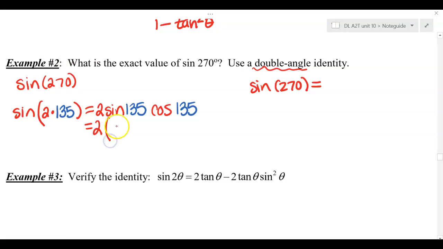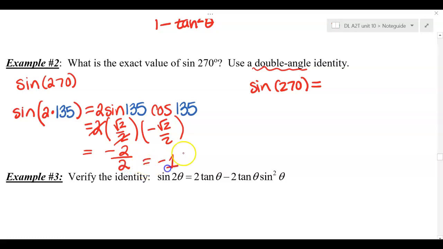The sine of 135 is rad 2 over 2, and the cosine of 135 is negative rad 2 over 2. And then I'm just going to simplify this, so those cross out. Rad 2 times rad 2 is 2. And in the denominator have a 2, and that's equal to negative 1. So sine of 270 is negative 1, but I calculated it this time using the help of angle 135 and the double angle formula.